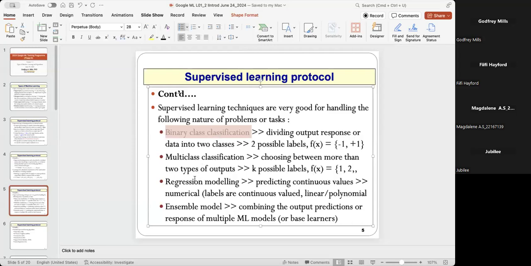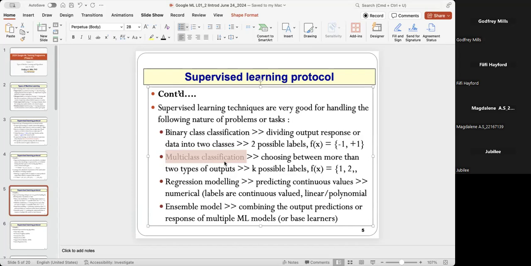Then we also have another type of application which we call multi-class classification. So if we are not classifying students who have registered for this course by gender, that is male or female, then we have another way we can classify students. We can classify them by departments. So the question we ask ourselves, how many departments do we have?